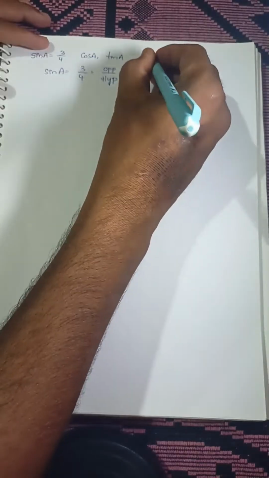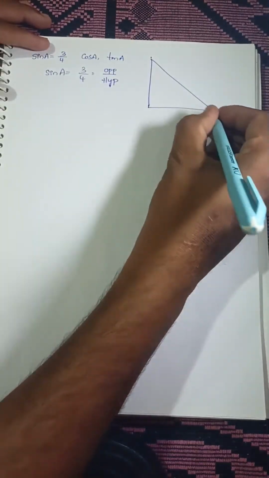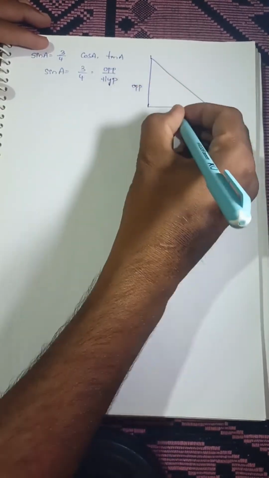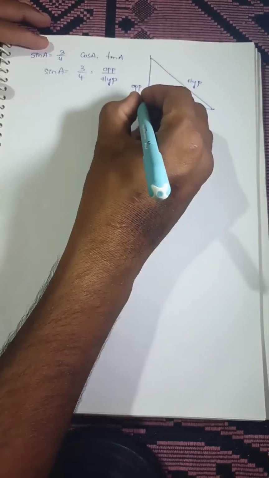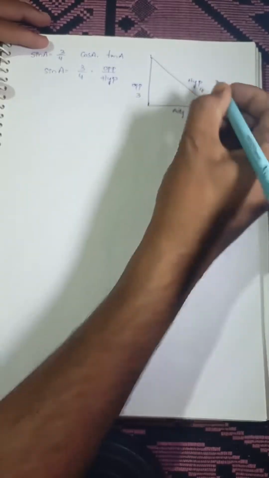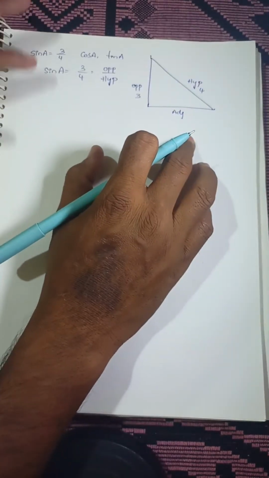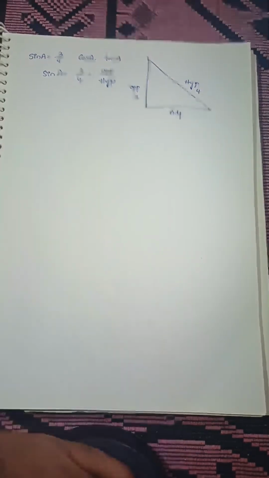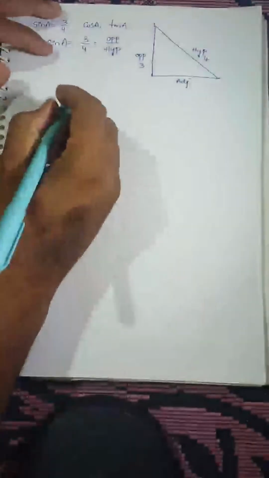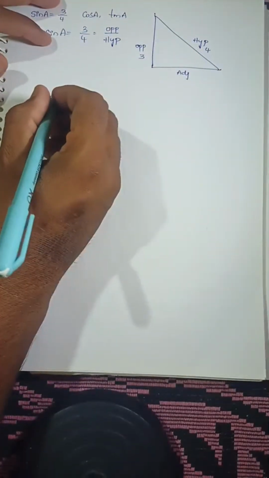So draw the trigonometric table very neatly: this is the opposite side, this is the adjacent side, and this one is the hypotenuse side. We are getting opposite 3 and hypotenuse 4. We have to find out the value of the adjacent.